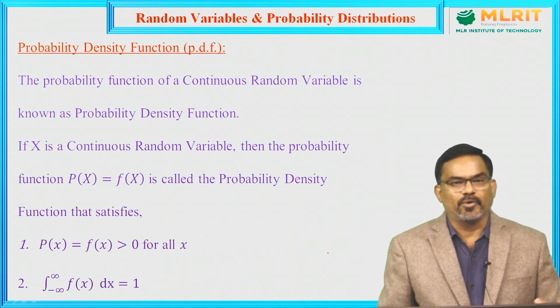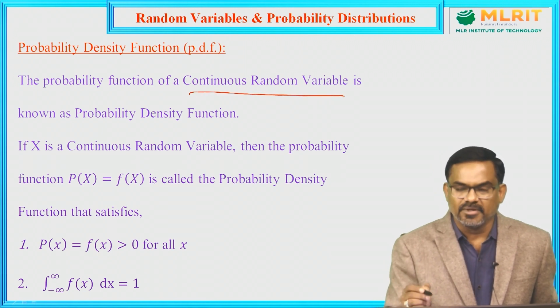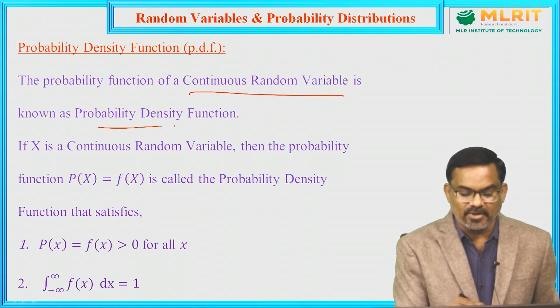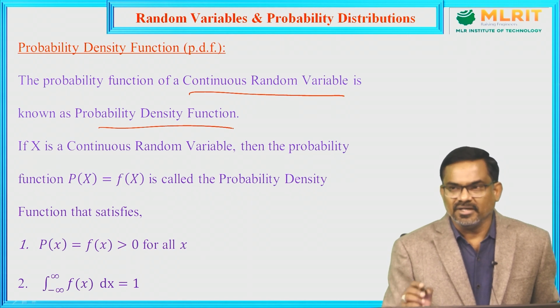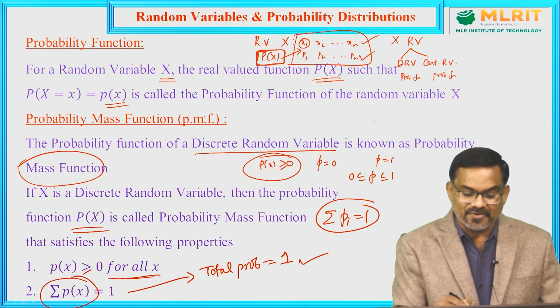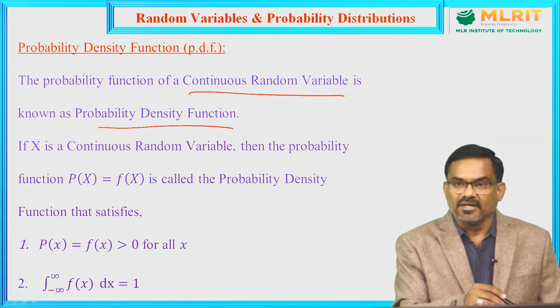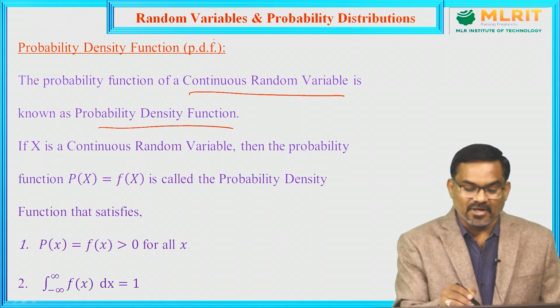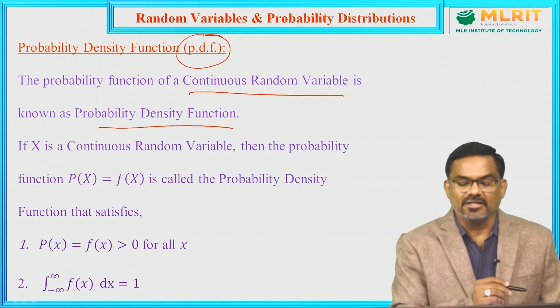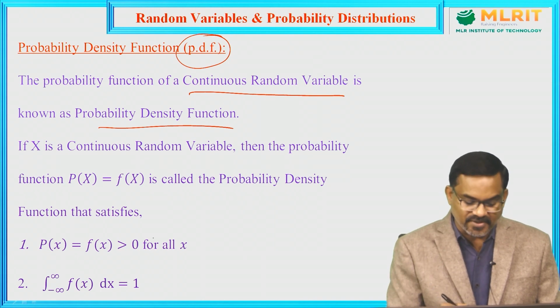Now, coming to the probability density function. In the case of a continuous random variable, the probability function is called the probability density function. In the case of a discrete random variable, it is called the probability mass function, PMF, whereas in the case of a continuous random variable, it is called the probability density function, PDF, and it satisfies the following conditions.